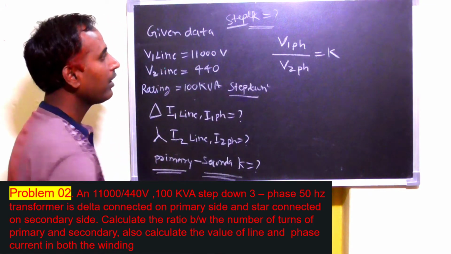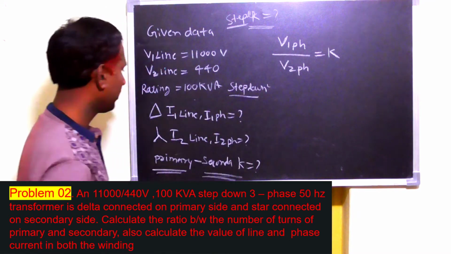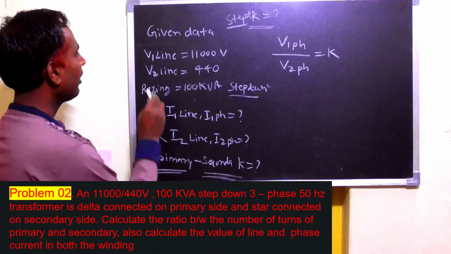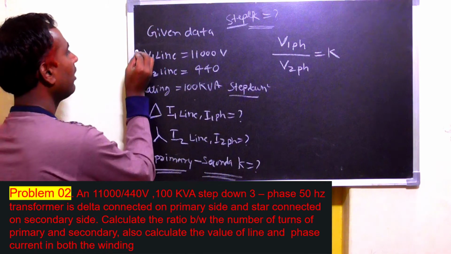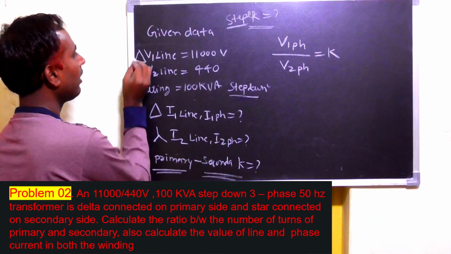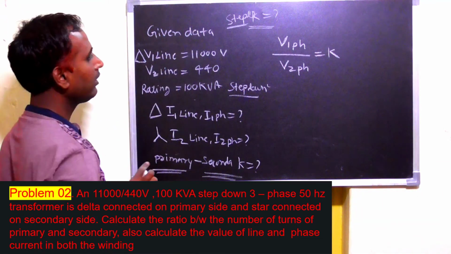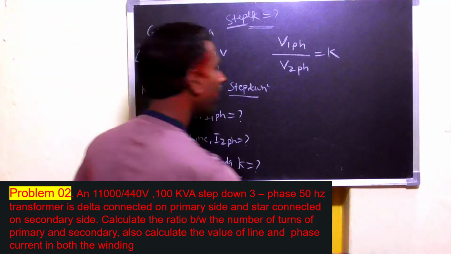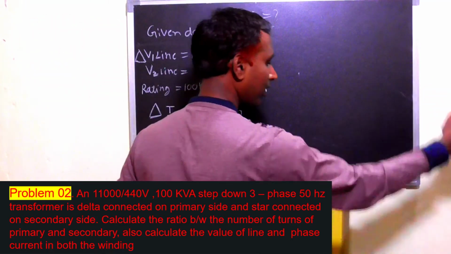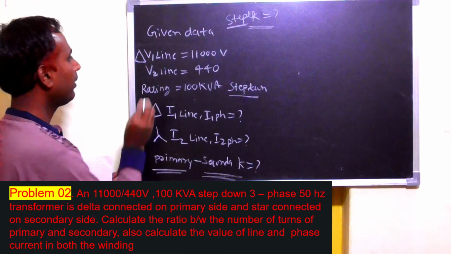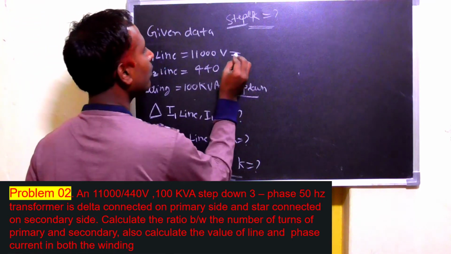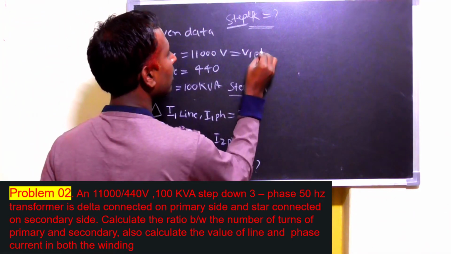So here, V1 phase, V2 phase. We know that V1 is delta. In delta connection, voltage is the same, meaning line voltage equals phase voltage.